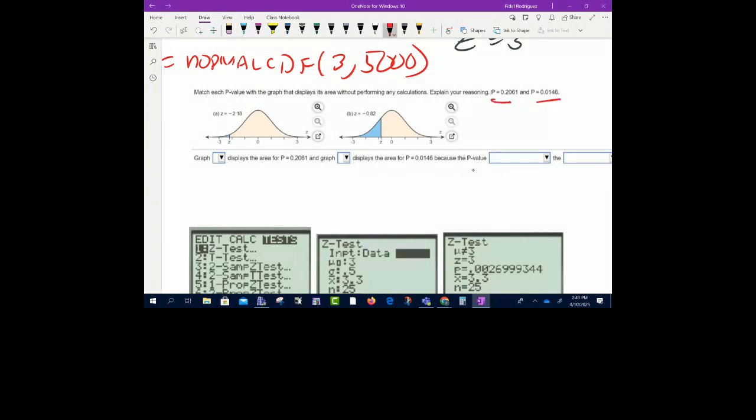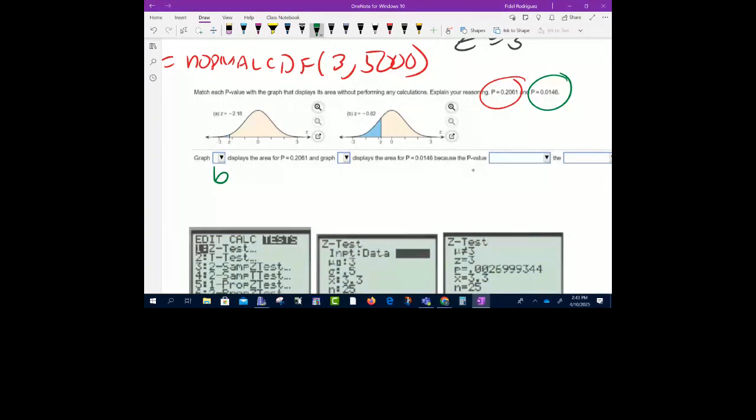Then let me ask you a question. Which one of those numbers is bigger, the red or the green? The red is bigger, right? So if the red is bigger, then wouldn't the red be B right there?